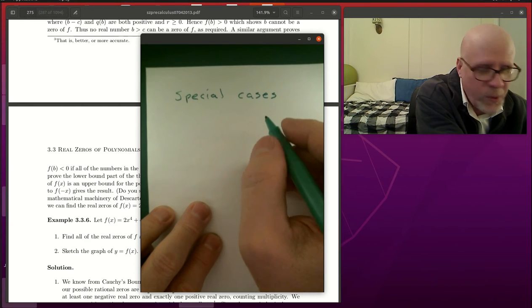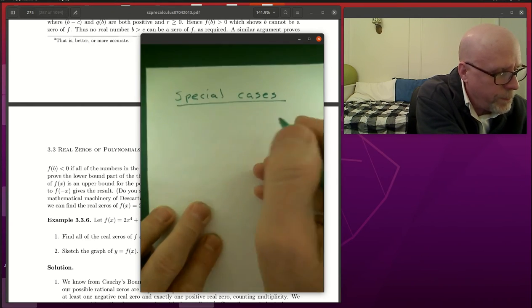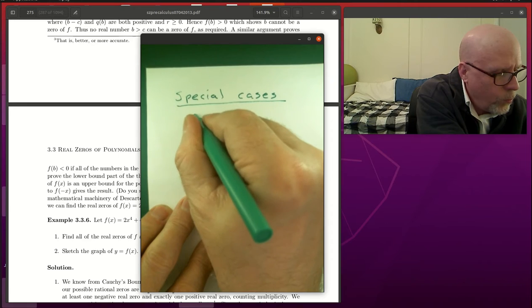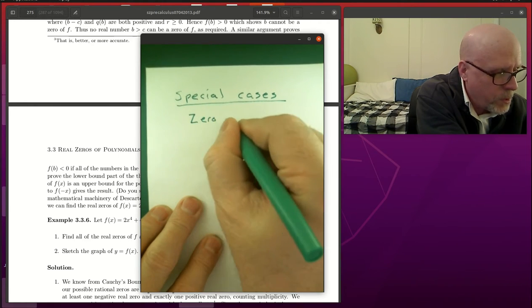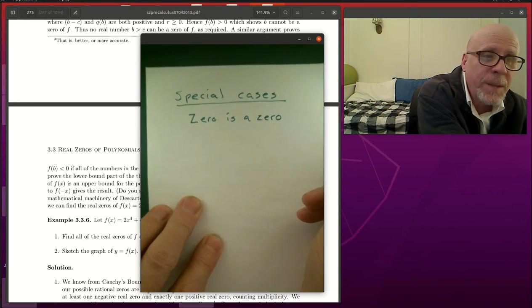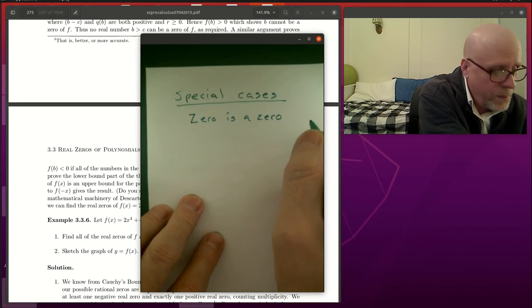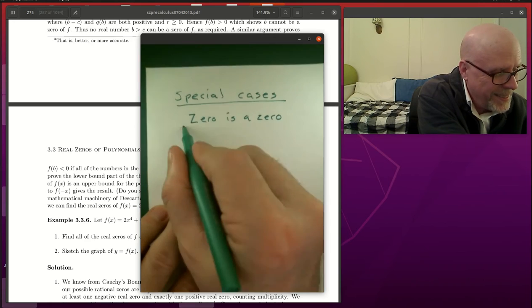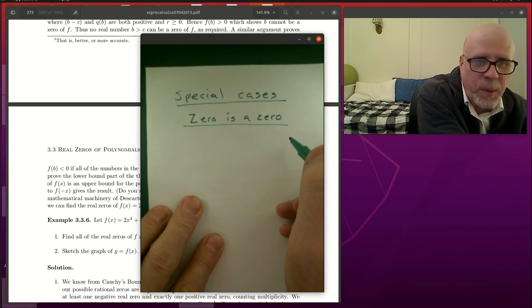All right, so what special cases do I have in mind? Often 0 is a 0, right? And in that case, what does it say about the factorization of the polynomial?